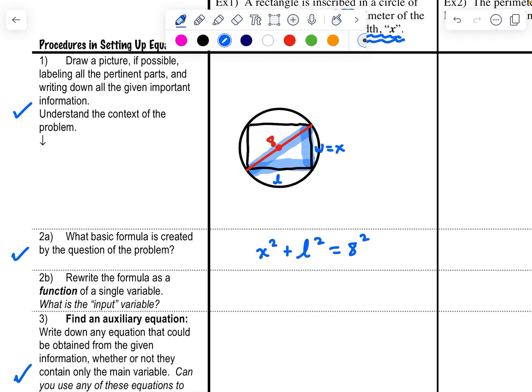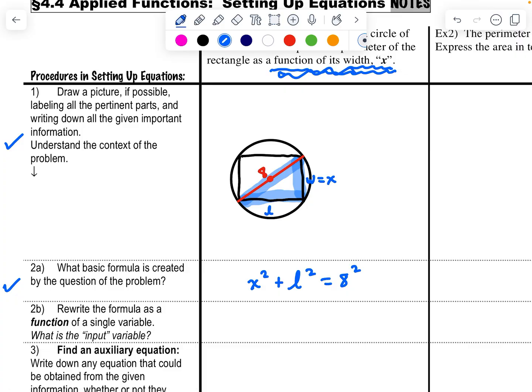Since we want our final to be a function of the width x, we need to have everything written as x's in our final equation. So I need to solve for L, get L by itself, so that I have it in terms of x. So I've got L squared equal to 64 minus x squared. And then when I take the square root, I get L is equal to the square root of 64 minus x squared. It is not equal to 8 minus x.